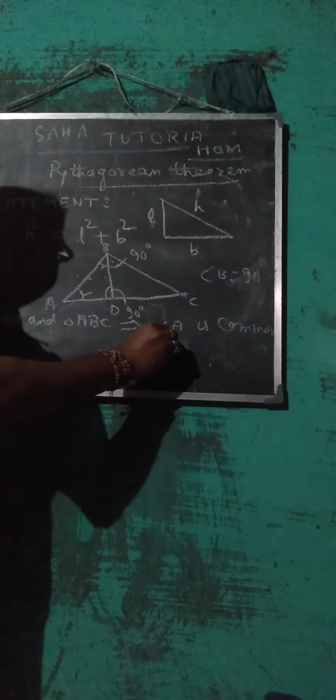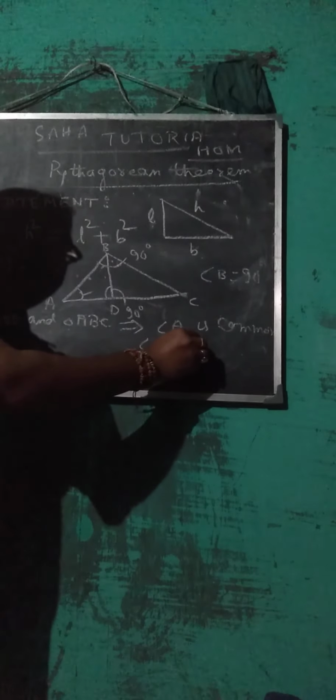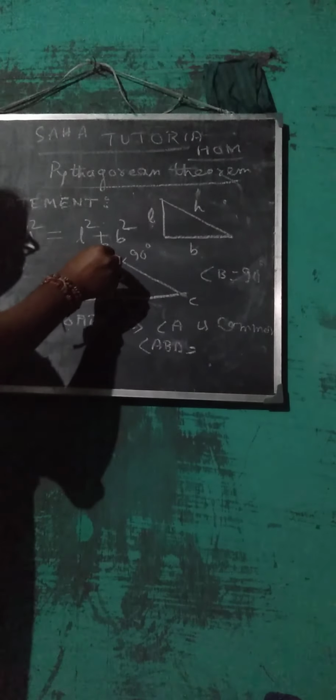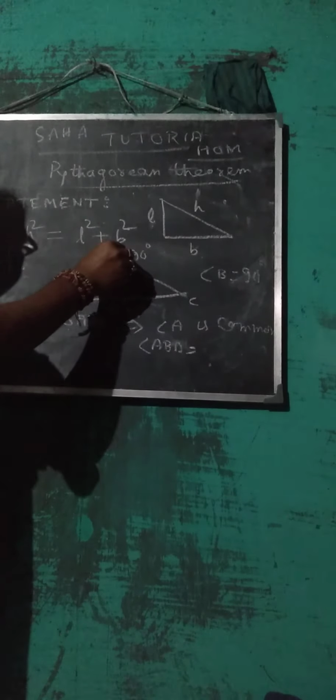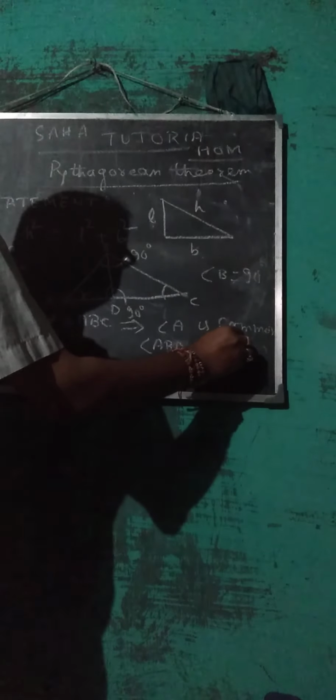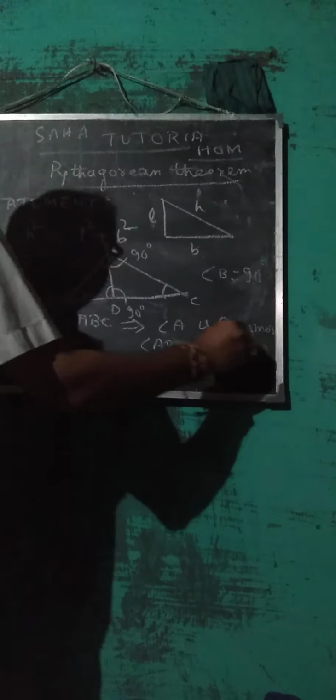So angle ABD is equal to, if you look again at triangle ABC and take 90 degrees minus this angle, you will get this angle. So angle ABD is equal to angle ACB, and the 90 degree angles, angle ADB and angle ABC.